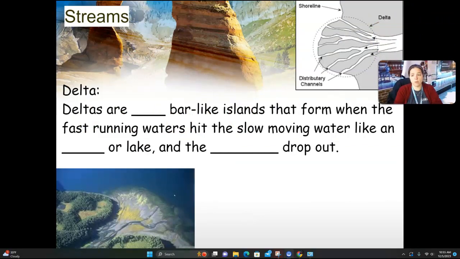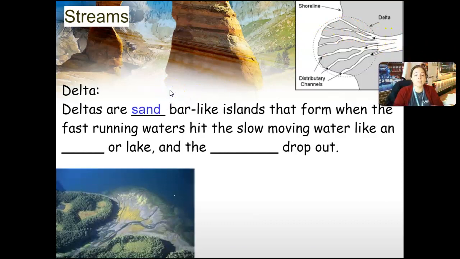There is another form that is made due to erosion and deposition. One of them is a delta. They are sandbar-like islands that form when the fast-moving waters of the stream hit slow-moving water like an ocean or a lake.